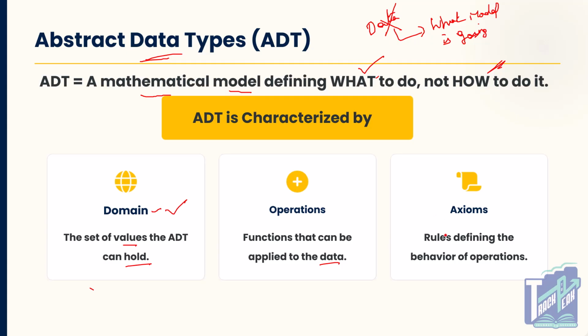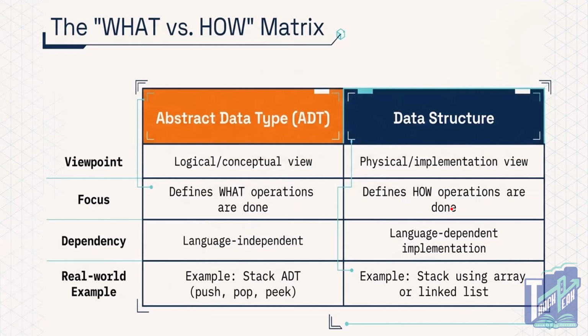And axiom means that while applying the operations, there must be some rules for particular operations. That is called axiom. So here comes a question: what is the difference between ADT and data structure?